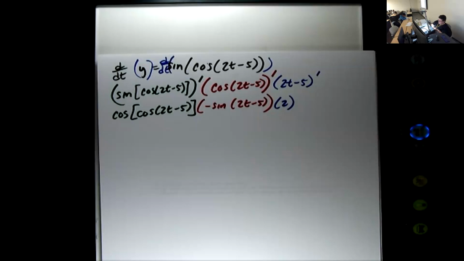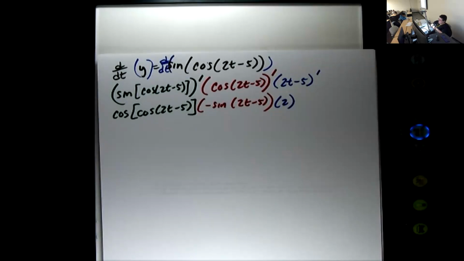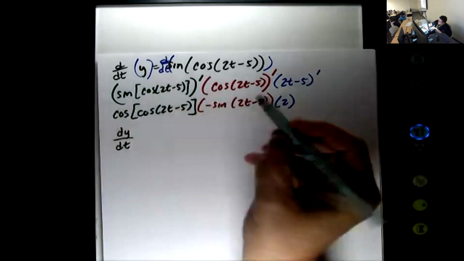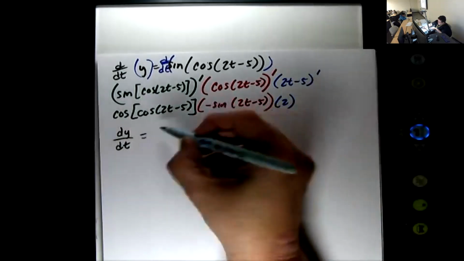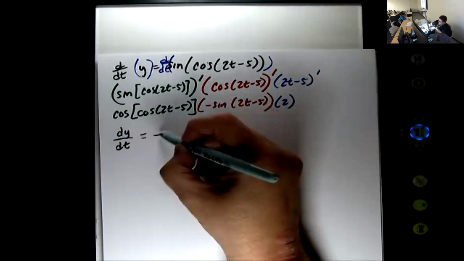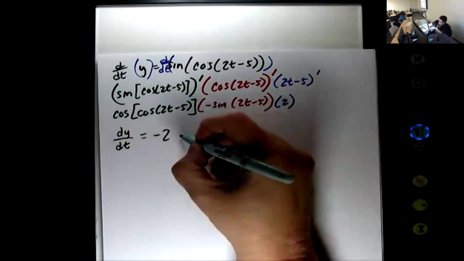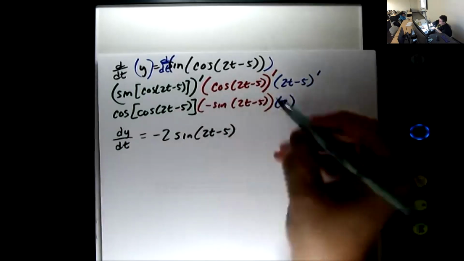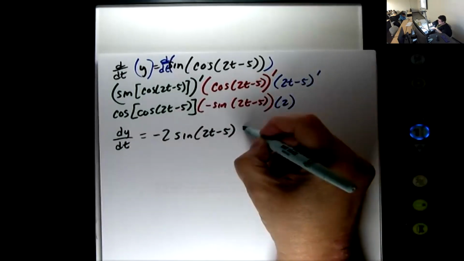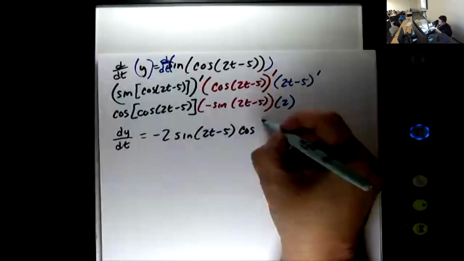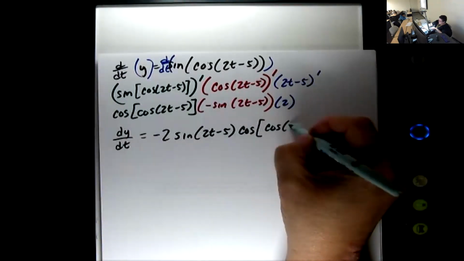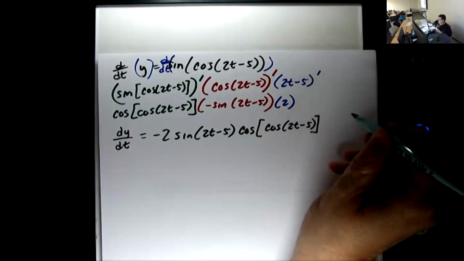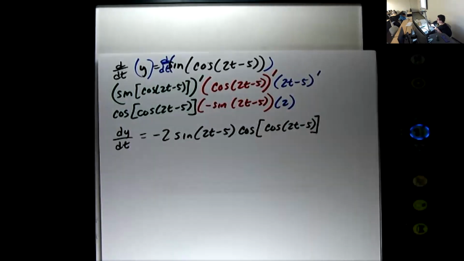So dy dt equals, I'll put the 2 up front and the negative up front, negative 2, then sine first so it doesn't look like a Frankenstein of a trig function. Then I've got cosine of 2t minus 5. And that would be the answer.